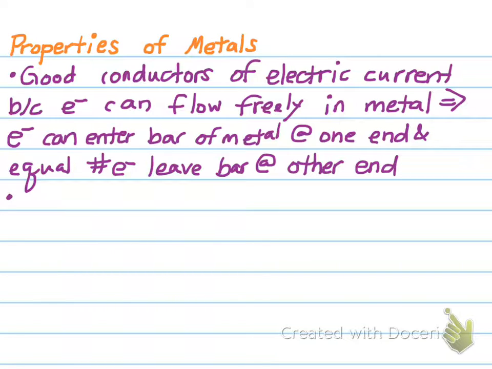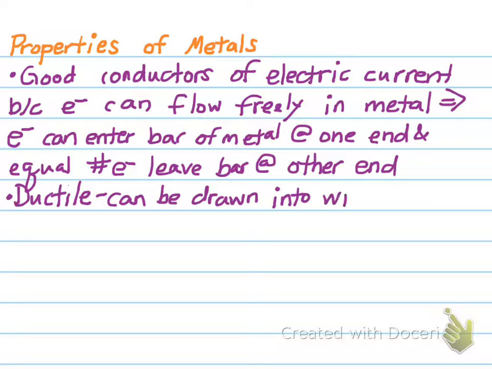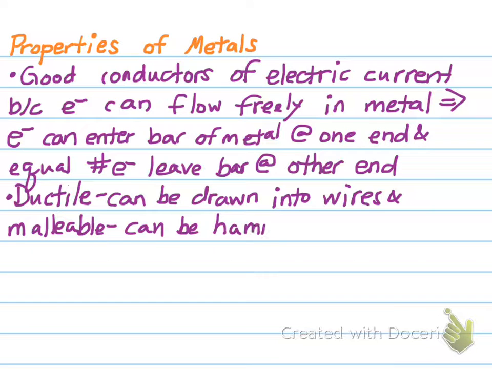Another property that we talked about of the metals was that they were ductile. And this meant that they can be drawn into wires. And we also said that metals were malleable, which meant they can be hammered or pressed into shapes.